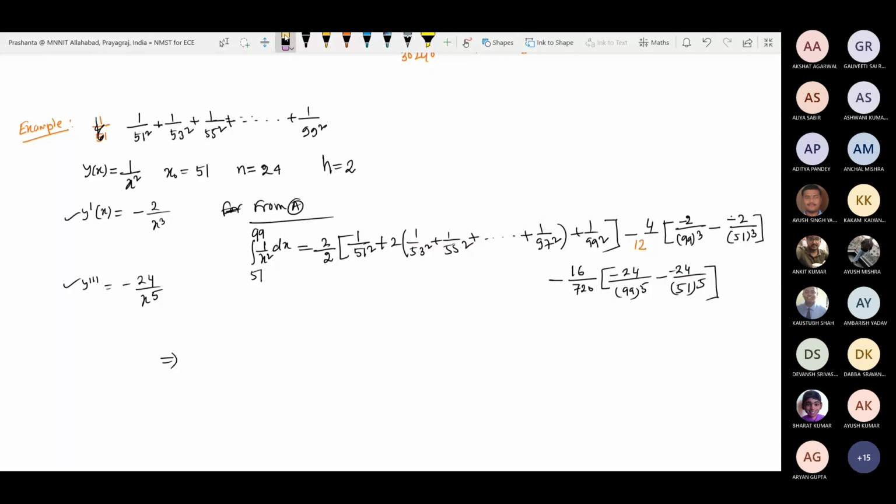So on the left hand side you integrate it. This is minus 1 by x, and then you put the upper limit and lower limit. So the left hand side will be minus 1 by 99 plus 1 by 51.